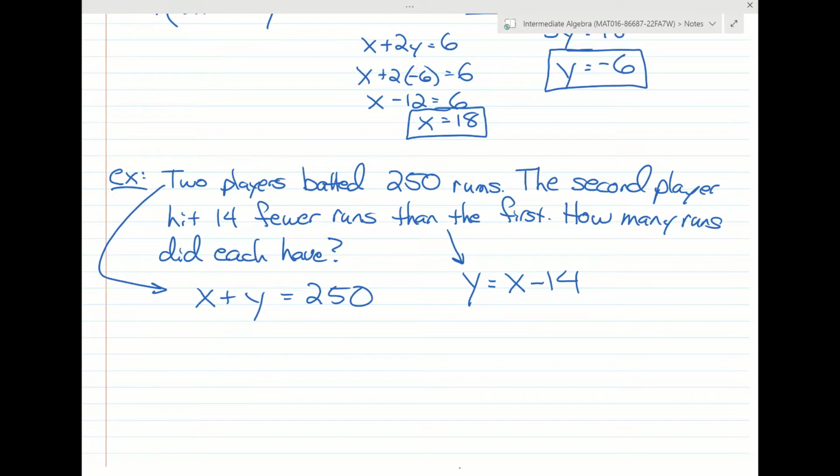The hardest part is converting this here. But if we know y is equal to x minus 14, we could go ahead and use substitution here. And we get x plus x minus 14 is equal to 250.